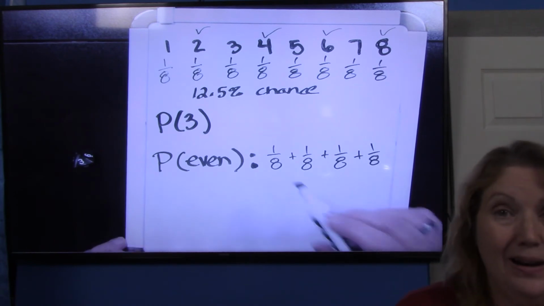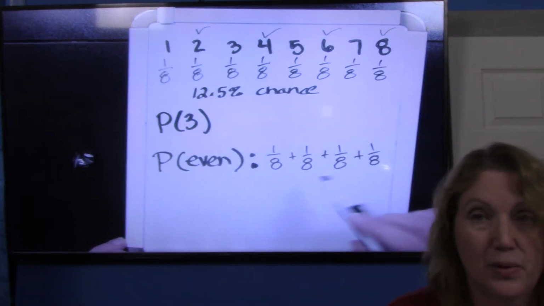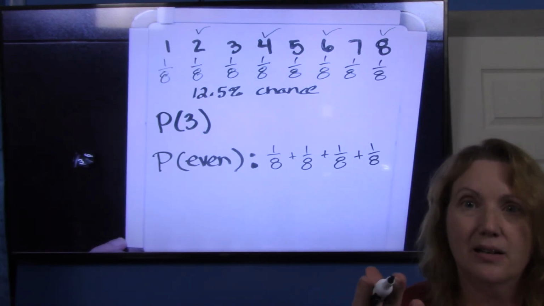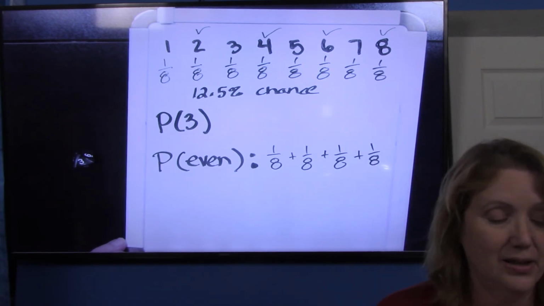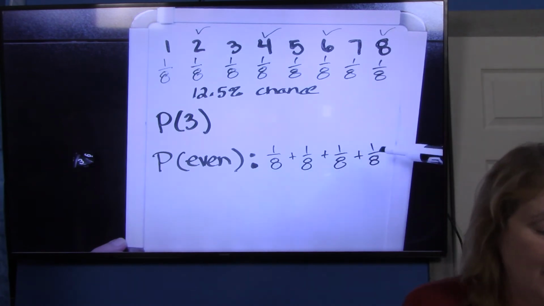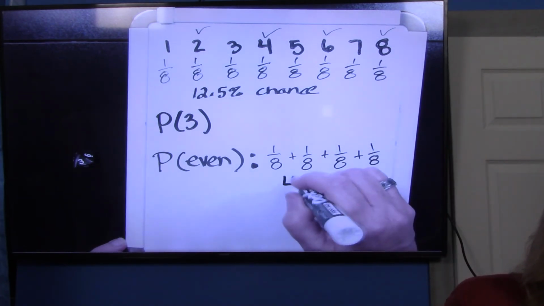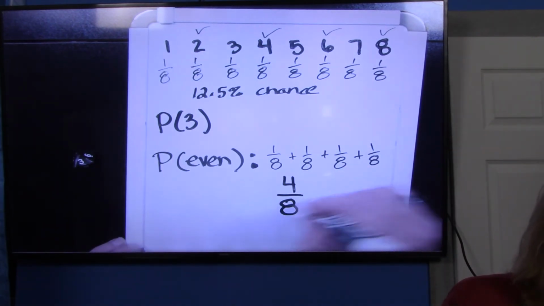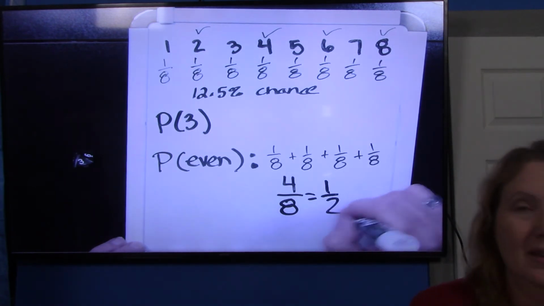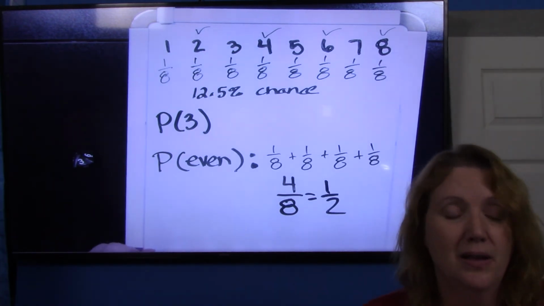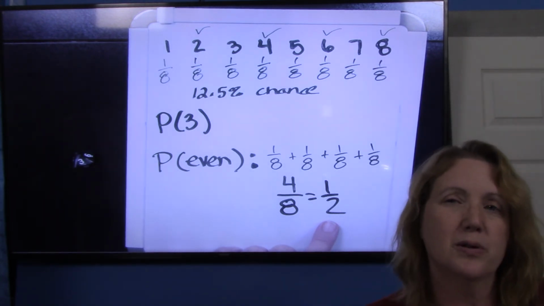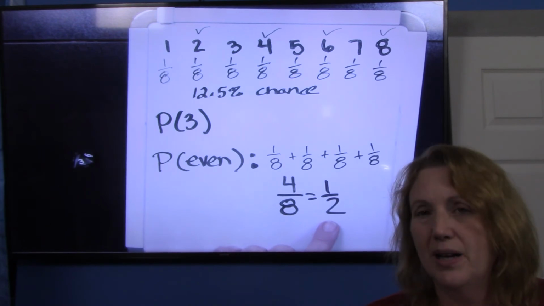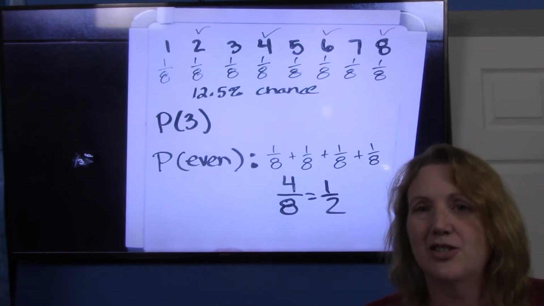So if I add 1/8 plus 1/8 plus 1/8 plus 1/8, luckily we have the same denominator. It's all 8, so I can just add the numerator, which is on the top, and I will get 4 out of 8, which is 1/2. So I have a probability of 1/2 of guessing an even number. Do you remember what the percent is if the probability is 1/2? Put the answer in the chat.